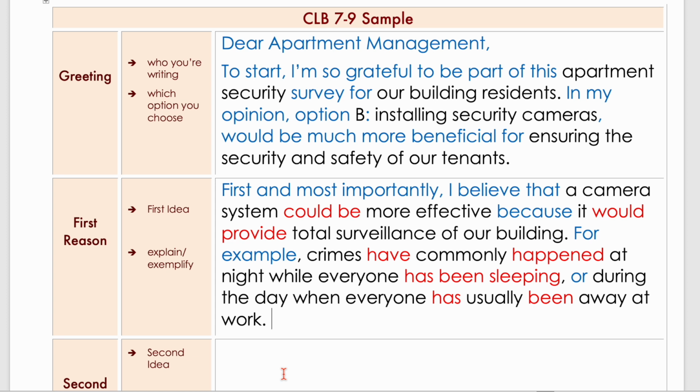A little bit 9, the again 7 to 8s, they don't have a complete use of perfect tenses.